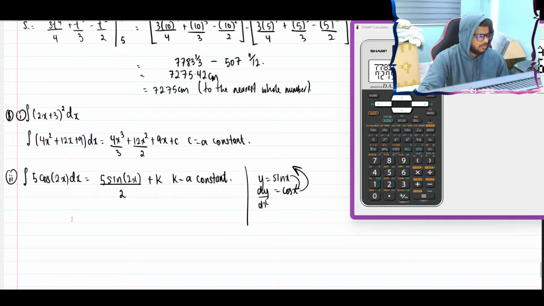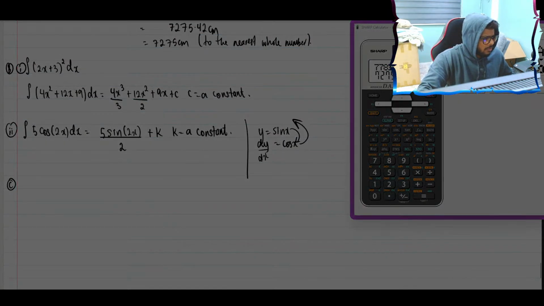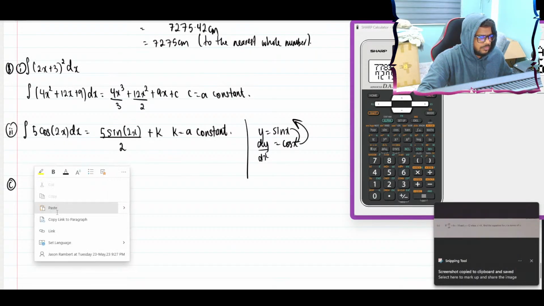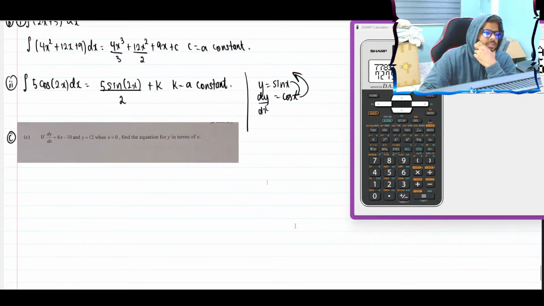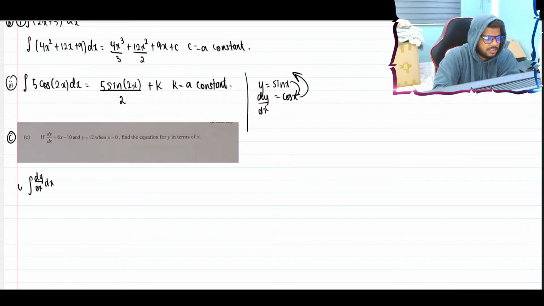Part C. Bring this one across. If dy dx is 6x minus 10, then if I integrate dy dx with respect to x, this is y.